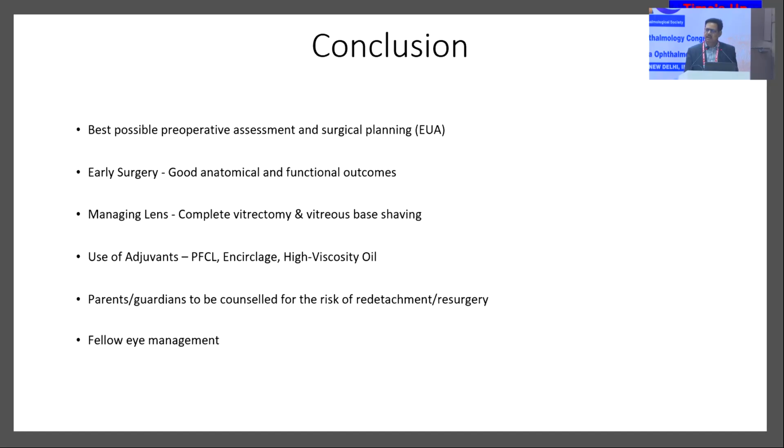So good counseling is the key to give comfort to the parents and also to yourself. And then the other eye should also be looked into, because the other eye is very important, especially in cases of trauma, because one eye has had trauma, and after that the other eye should be preserved and taken care of.